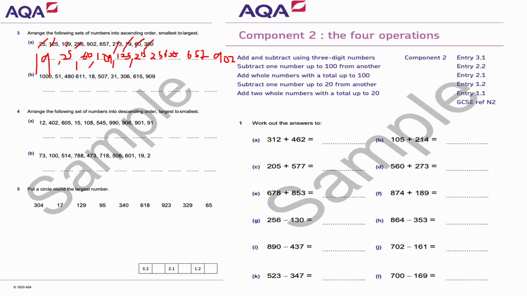Next one. Let's just delete that so we've got a bit of clear space so we can see the other numbers. I believe the first one's going to be 18. Then 31. Then 51. Then 306, if I'm not mistaken. Then 480.